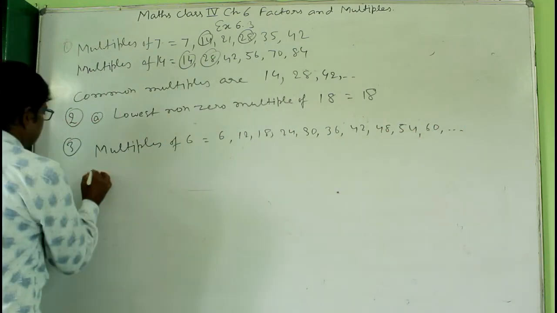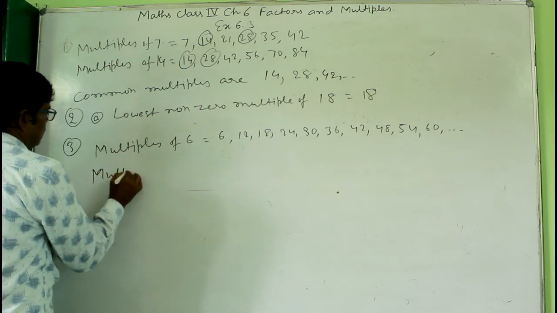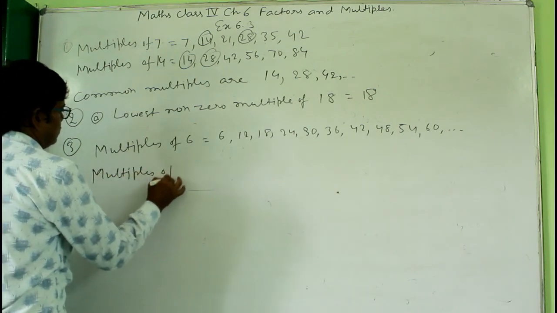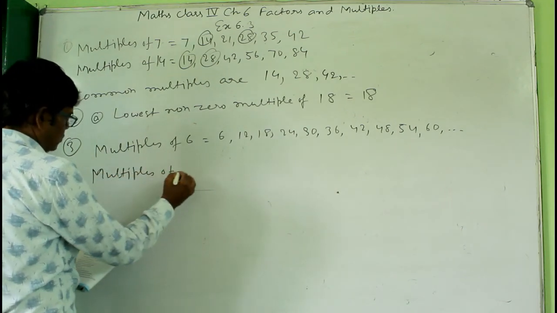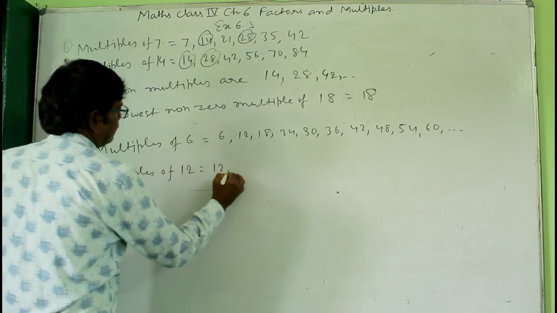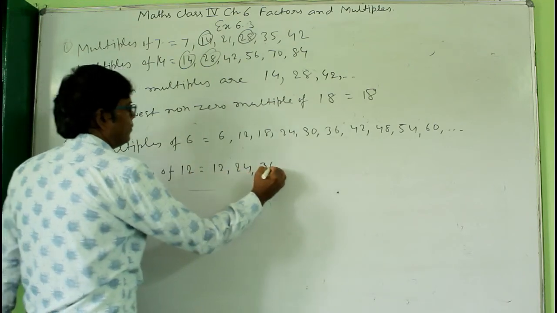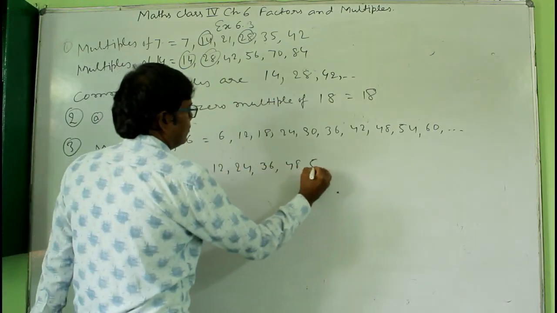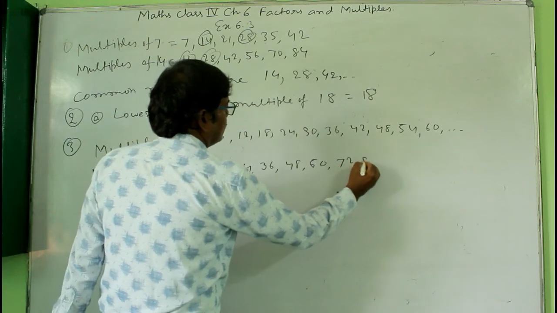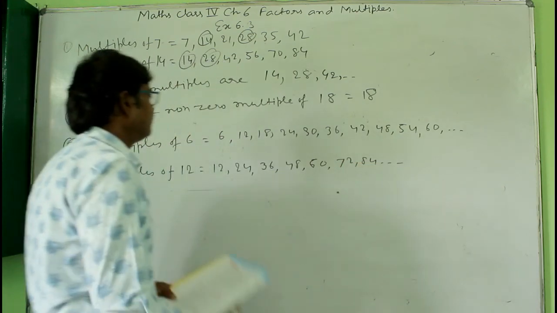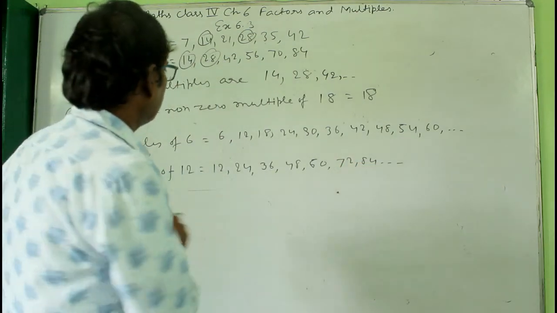Then the multiples of 12, and so on. So write here the first 4 common multiples.